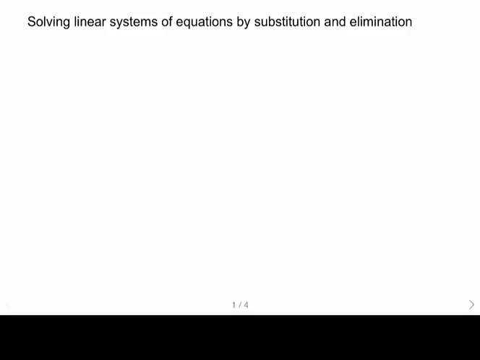In this session, we're going to solve linear systems of equations by substitution and elimination. At this point, we are talking about 3 by 3 systems, which means we have 3 variables and 3 equations. Our general strategy is that given a 3 by 3 system, we want to eliminate a variable using a pair of equations.